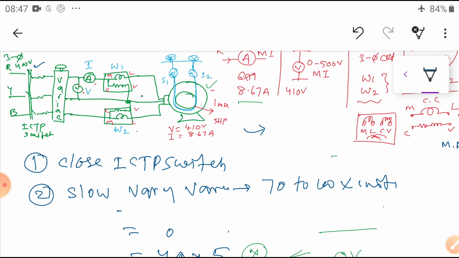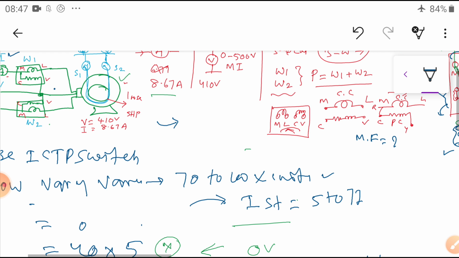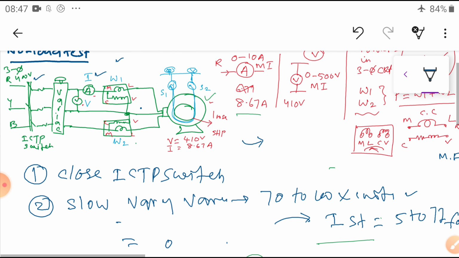Then stop varying the variac. At that condition, you can observe the ammeter reading. The ammeter shows the maximum current, because the starting current of an induction motor is 5 to 7 times the full load current. So initially it will draw more current. You can observe this in the ammeter.